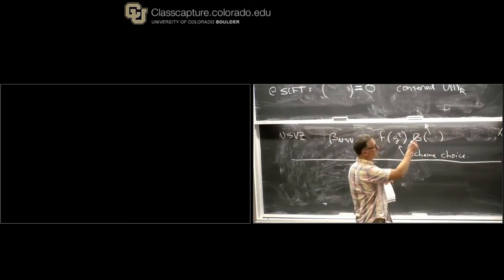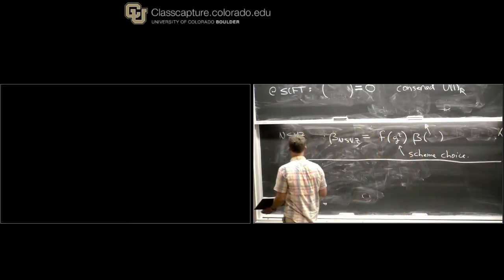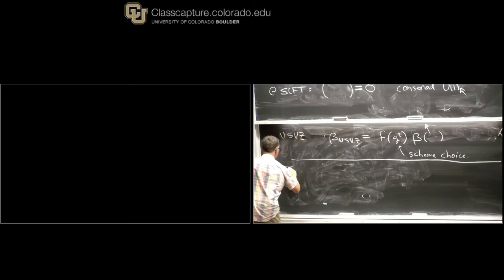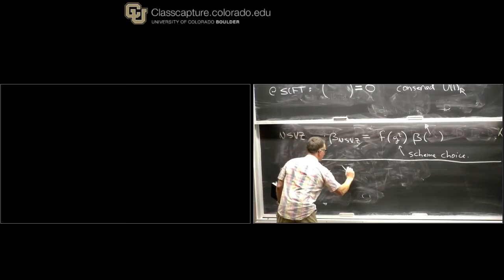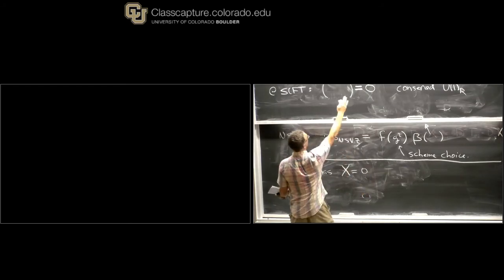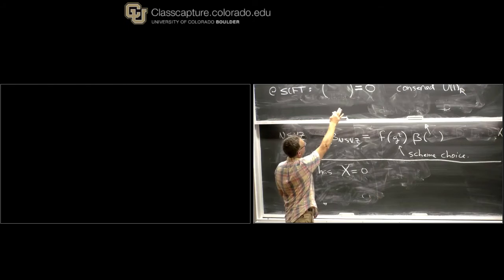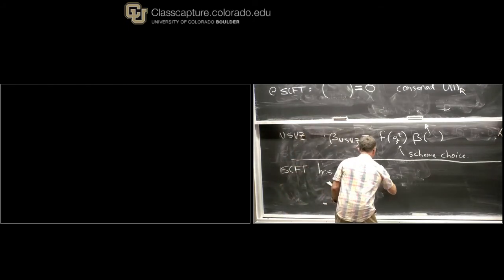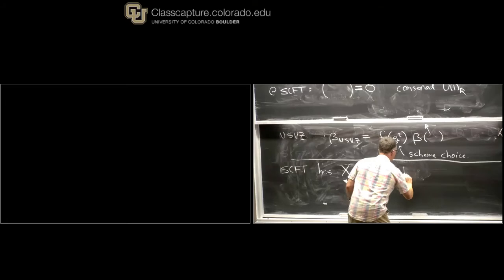Okay, going back to X, suppose that we're in a superconformal field theory. The superconformal field theory has X equals 0, and so in particular we should be at the zero of this beta function without backgrounds.